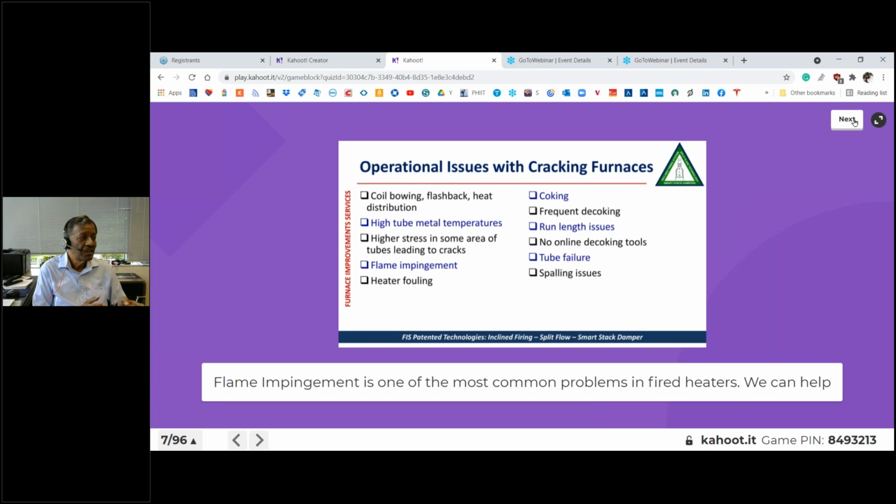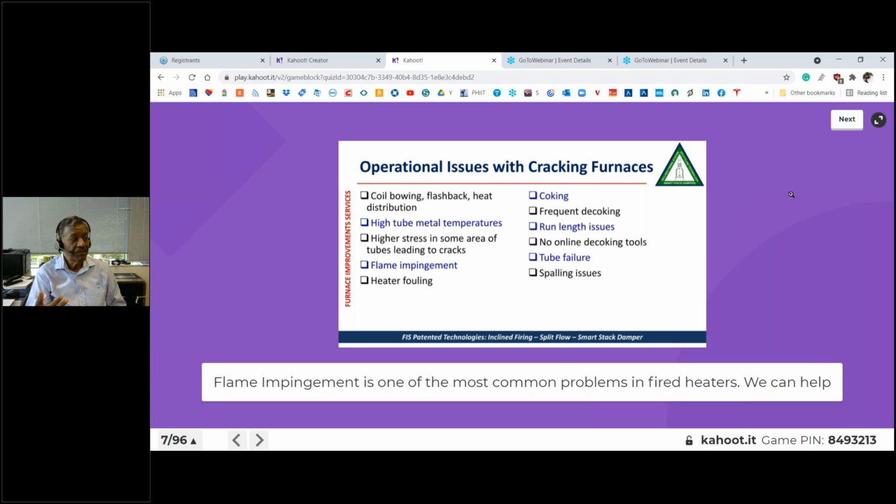You know, flame impingement, coil bowing, flashback, heat distribution, high tube metal temperatures, run length issues, tube failures. All these things are related to the fire side, and we would be able to help you with all these problems.